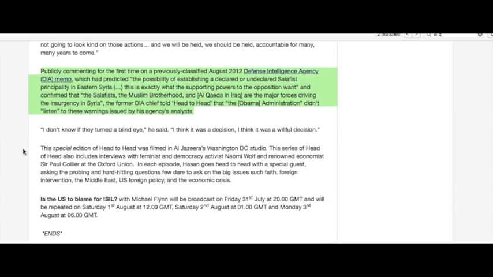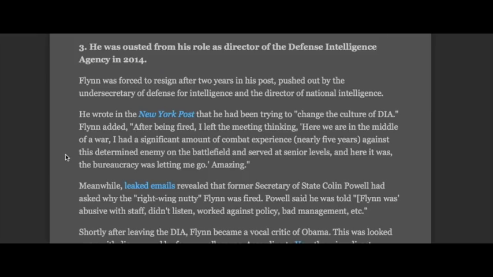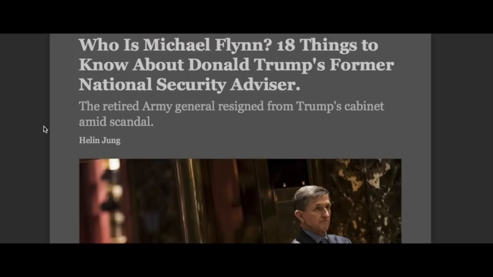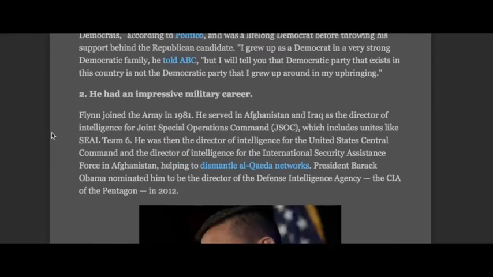And that's where you're getting that the U.S. is basically to blame for ISIS. So Flynn knows good and well that that's true, and he's probably not saying as much as he would like to, but that's why this is such a big deal and why they're coming after him.